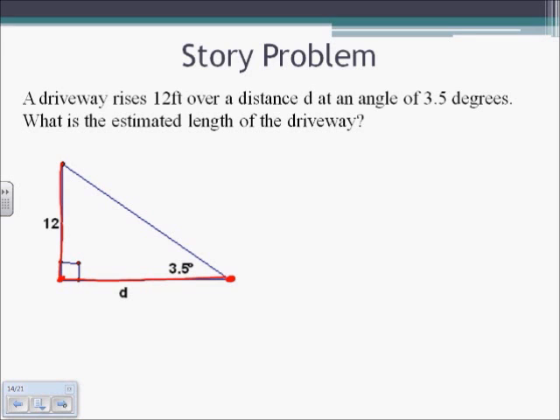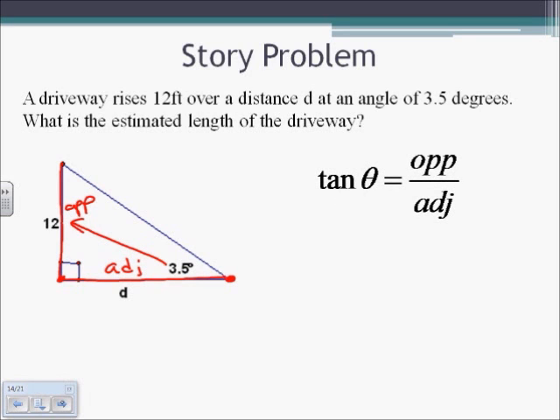From my 3.5 degrees, I notice that 12 is in the opposite spot and d is in the adjacent spot. So again, opposite adjacent, I will use tangent. Filling in the pieces that I know, it'll be the tangent of 3.5 is equal to 12 over d.